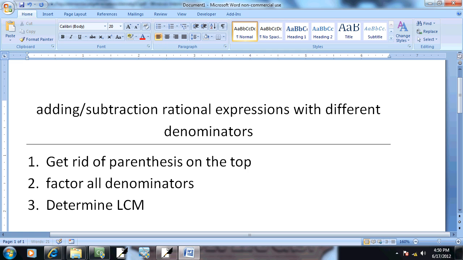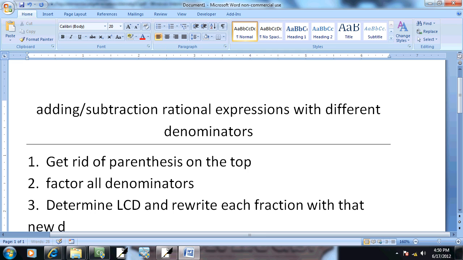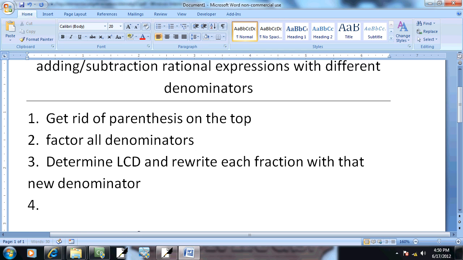Determine the LCM. LCD, sorry. Least common denominator. And rewrite each fraction with that new denominator. Step 4, add or subtract the top parts.